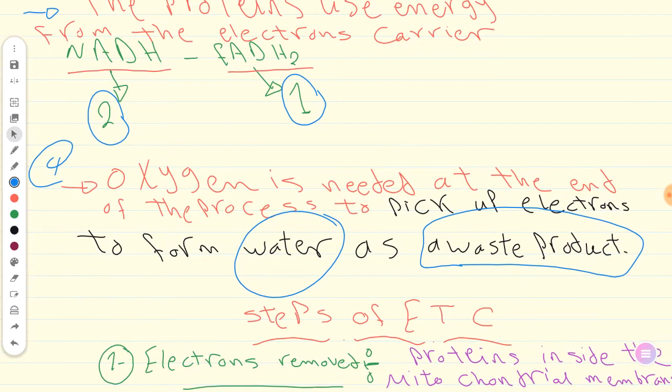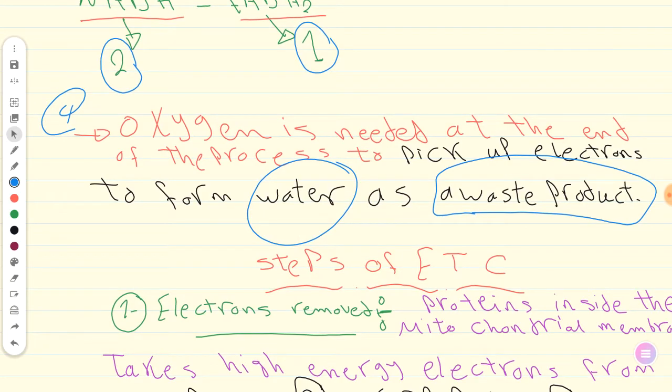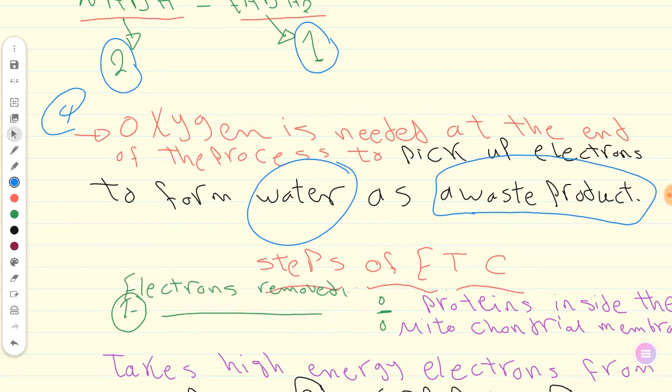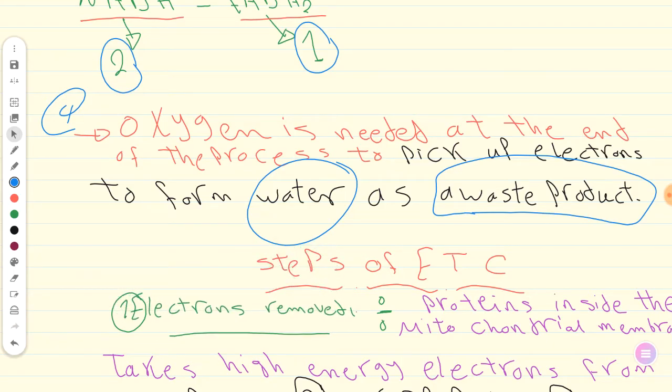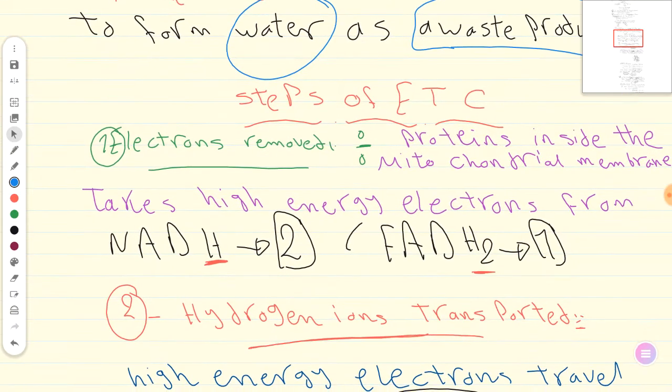And finally, you must know that oxygen is needed at the end of this process for the production of water as a waste product. So what are the steps of electron transport chain of cellular respiration?